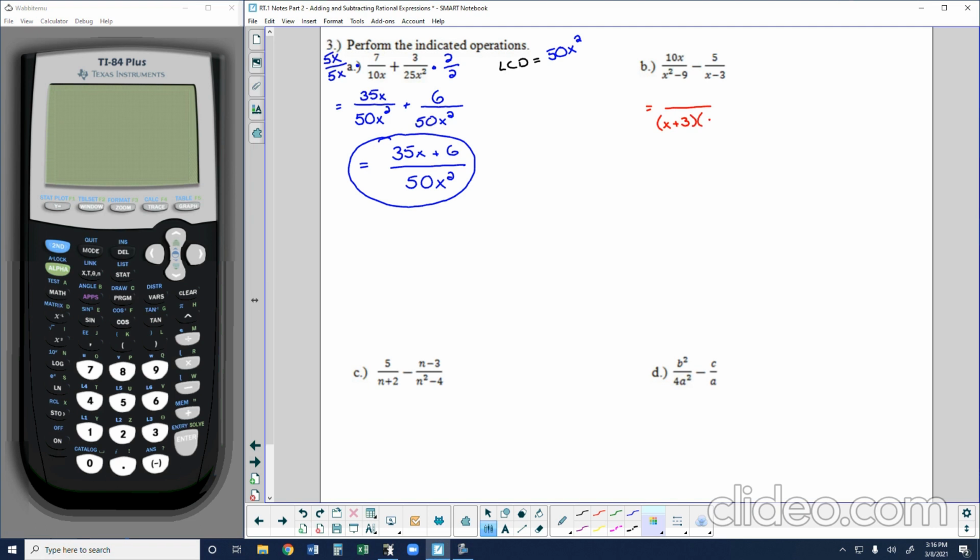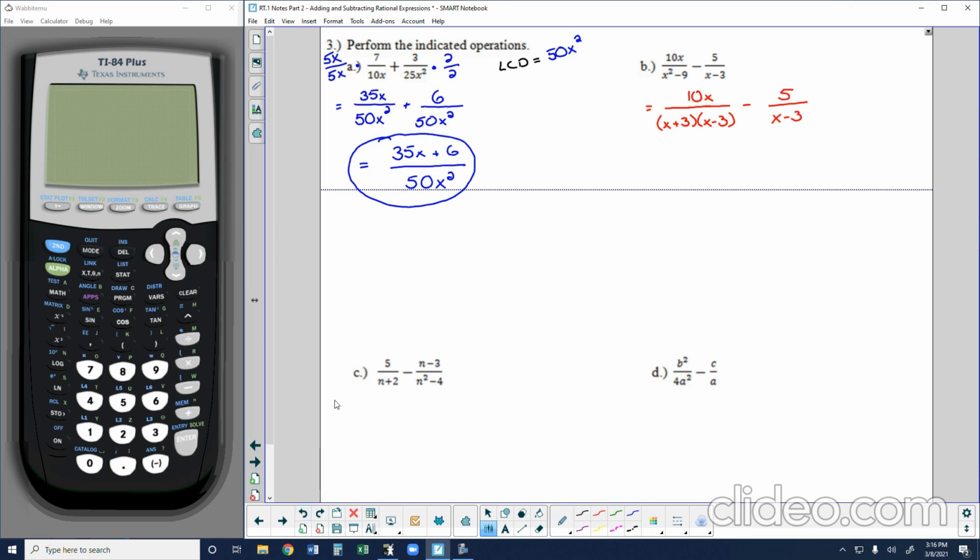But to go through that thought process, I want to look at the denominator in its factored form. The factored form would become x plus 3 and x minus 3. That is the denominator of the first fraction. The second fraction cannot be factored, so I'm going to leave it alone for right now as x minus 3, with 5 in the numerator.